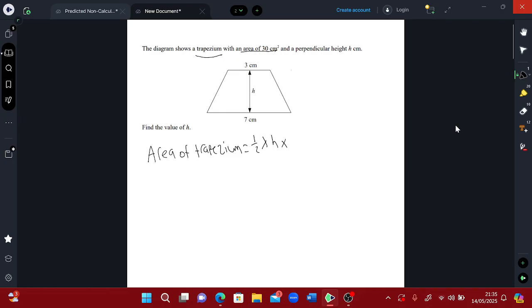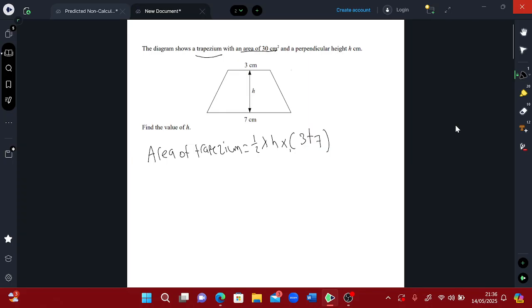Yes. So you add these two together, the bottom and the top length. So that's going to be 3 plus 7. That's just something you need to know, the formula. So you half, times the height, the vertical height h, times these two sides added together.